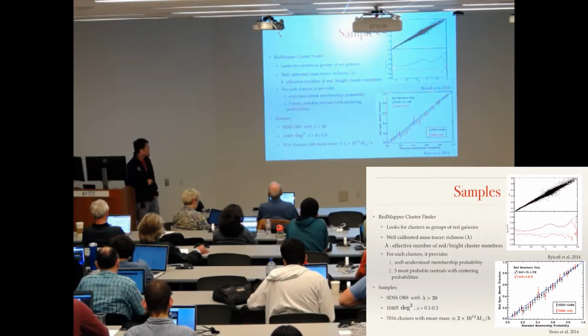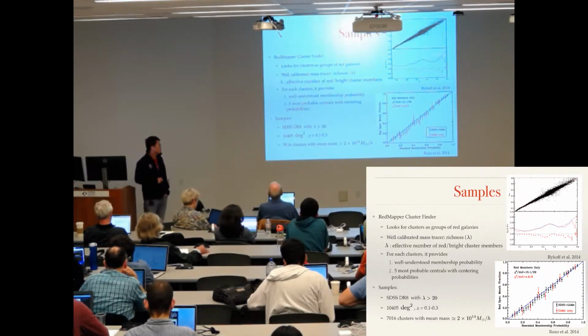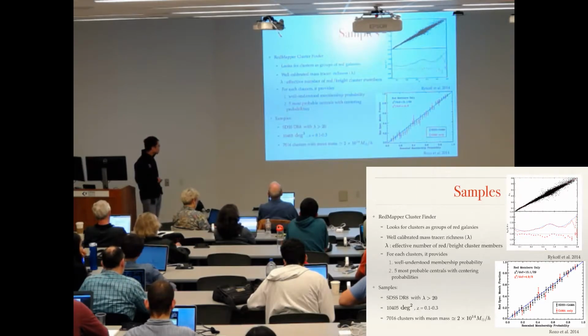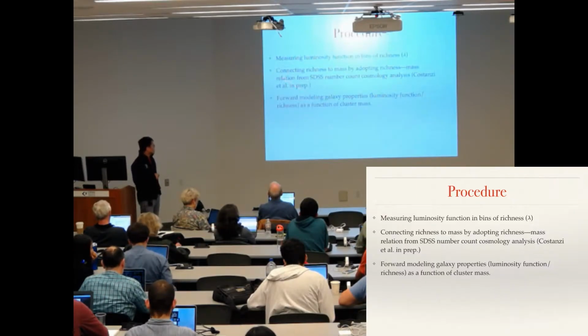Here the y-axis is the spectroscopic cluster redshift as a function of the redshift reported by the redMaPPer algorithm. You can see they line up with each other pretty well. We reach a redshift uncertainty of about 1 to 1.5%.